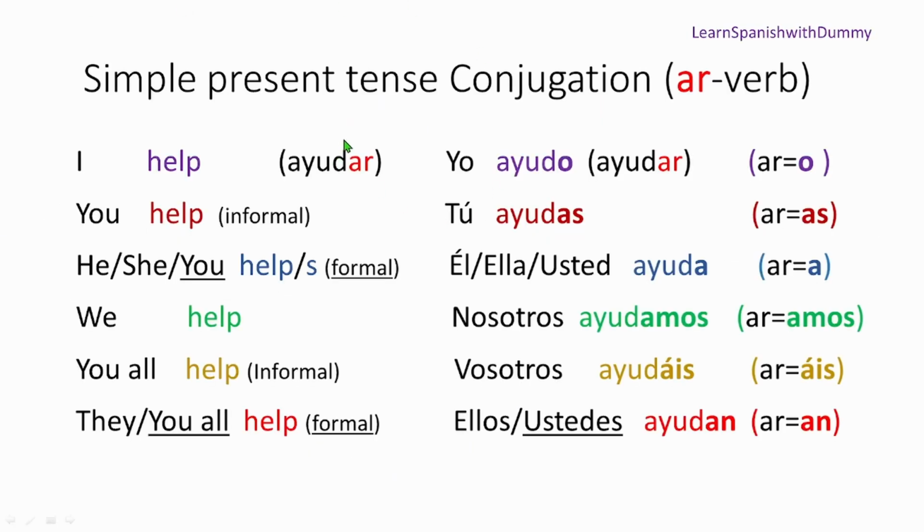Alright, so first of all, we will learn what conjugation is, right? Conjugation is a transformation of a verb, and you do it whenever you express different tenses, different times. When we speak of present tense, we say I help, you help, he, she helps, we help, you all help, and so on.